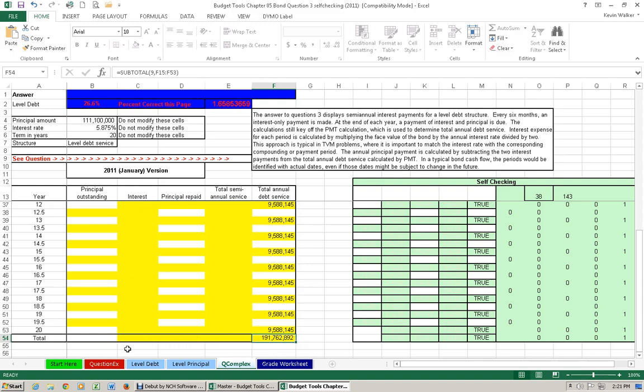So here, you'll get the total interest you paid over 20 years. This principal repaid should equal this. Total semi-annual service will give you the numbers that you paid out over the entire year, and it should be identical to this number. This number and this number should be the same number.